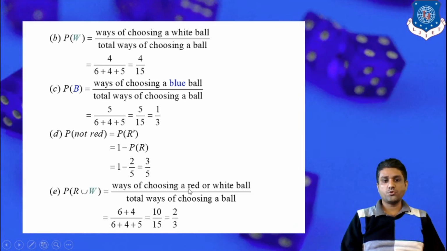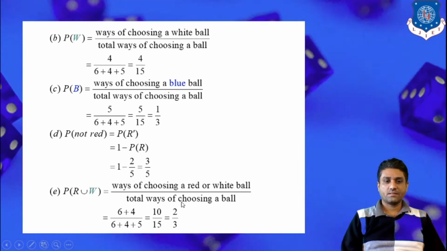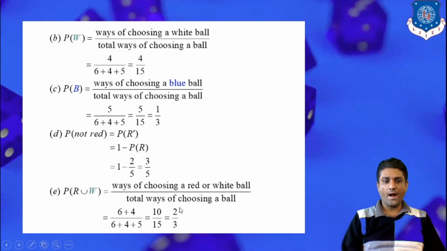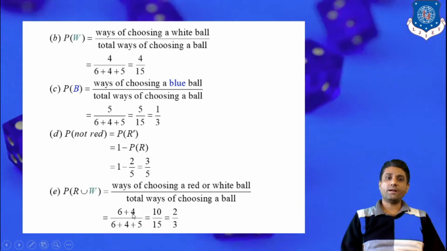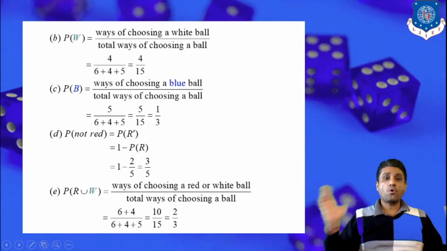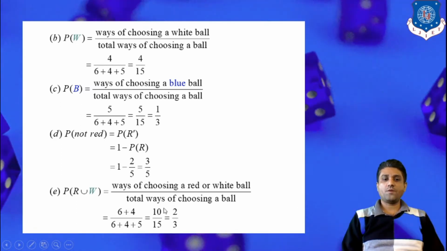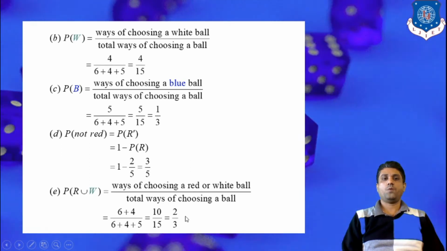So the ways of choosing a red or a white ball: there are 6 red, plus 4 white. The numerator is 6 plus 4, that is 10. The denominator consists of the total outcomes, that is 15. So 10 by 15. Cancel out the common factor 5, and we get 2 by 3.